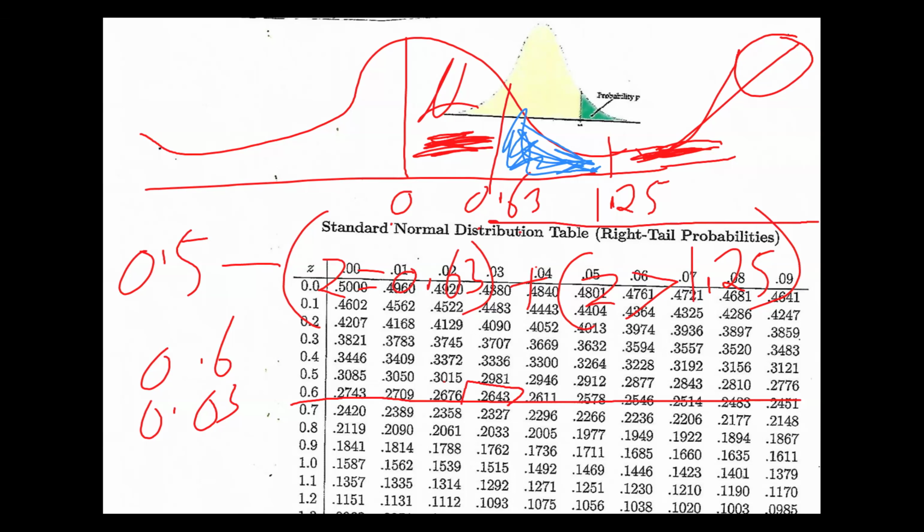Is the class following? This area that we have found, which is 0.2643, is the whole area after this going this side. But which one do we want to deduct? We just want to remove this, isn't it? Yes.